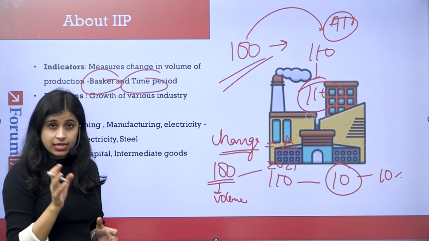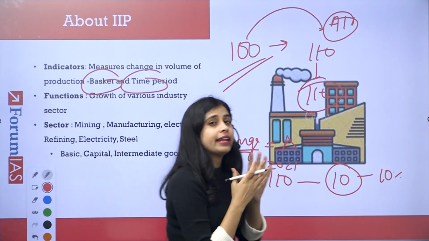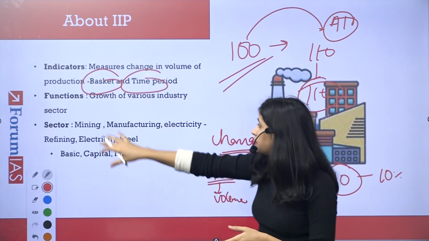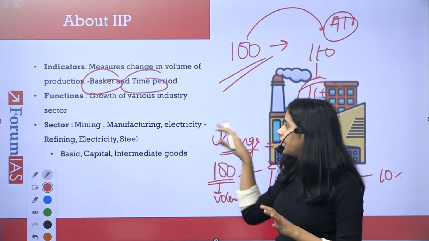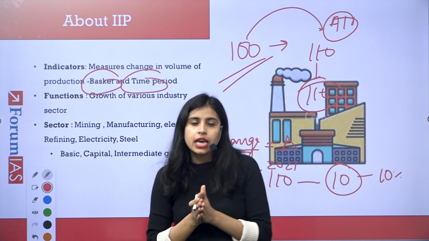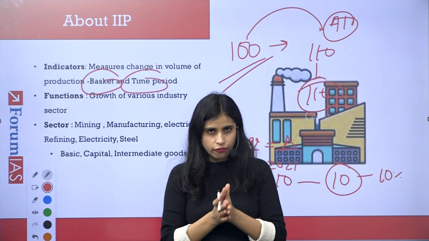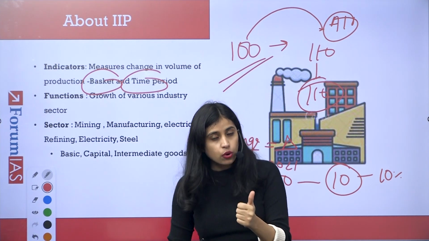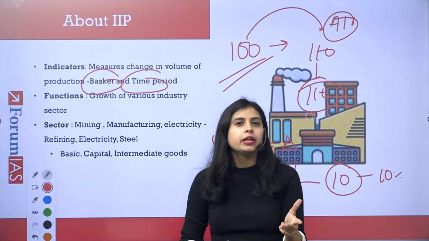Okay, next. Understanding what sectors are measured in this index. These are mining, manufacturing, electricity, refining, steel, etc. Now, for simplification of the index, the entire industry is divided into 3 types: basic goods, capital goods, and intermediate goods.